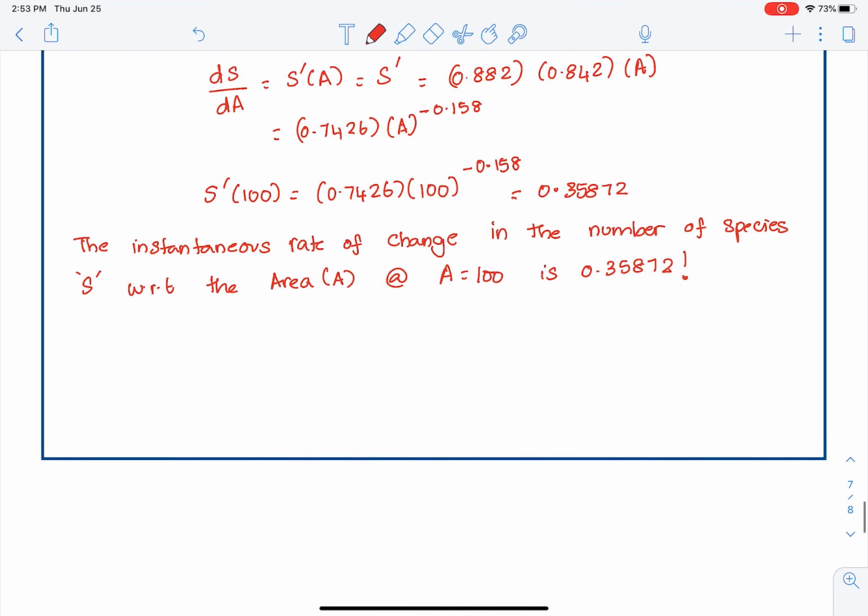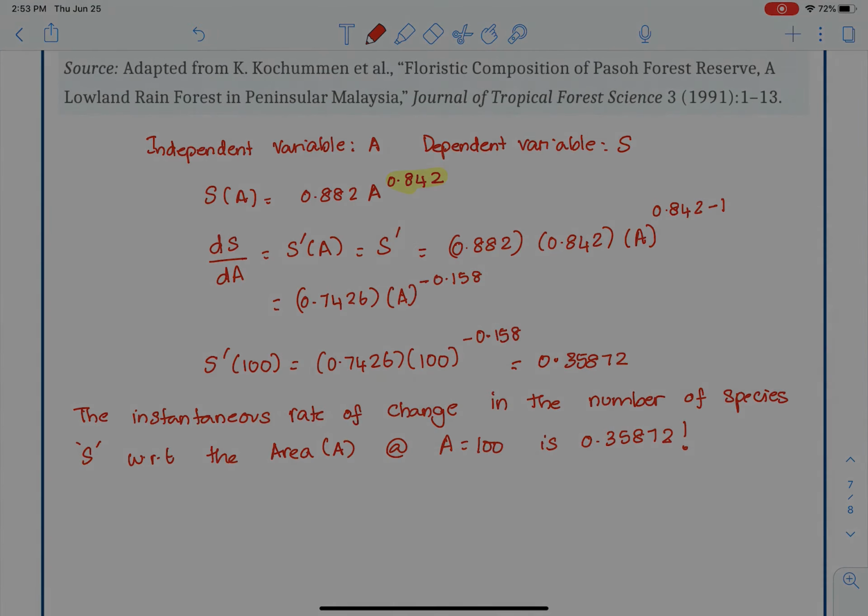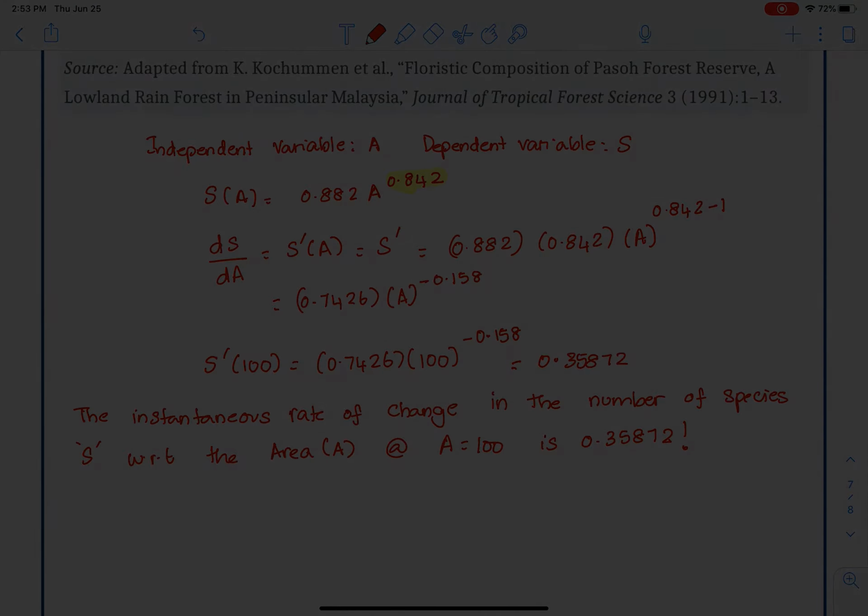So key things to remember: when we take the derivative, you've got to know what the dependent variable is and what the independent variable is. The derivative is always for the dependent variable, so it is the derivative of the dependent variable with respect to the independent variable. The derivative of a constant is 0. The derivative is the instantaneous rate of change.